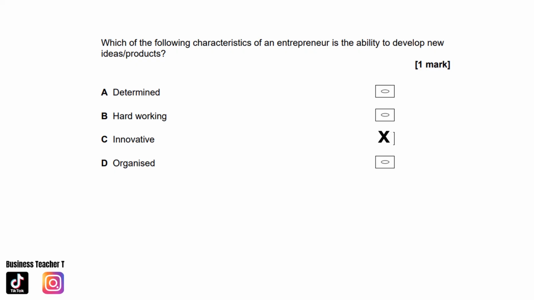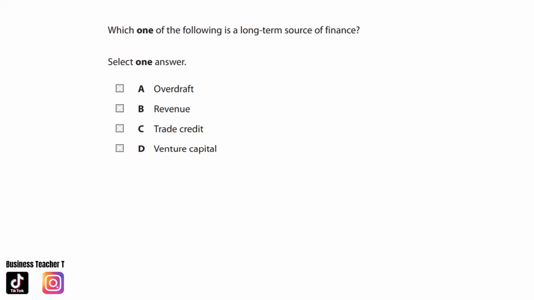Which one of the following is a long-term source of finance? Select one answer. Is it A, overdraft, B, revenue, C, trade credit, or D, venture capital? And the answer is D, venture capital.